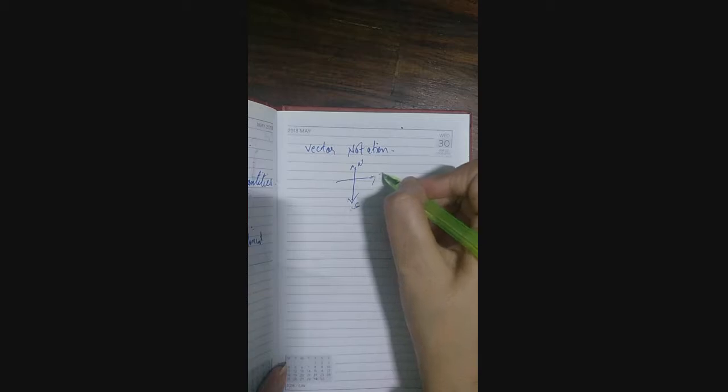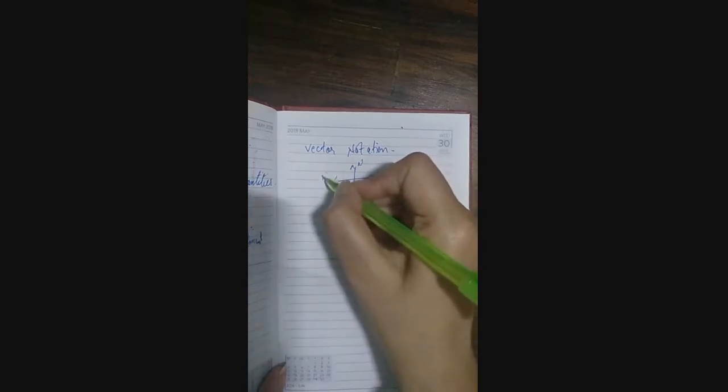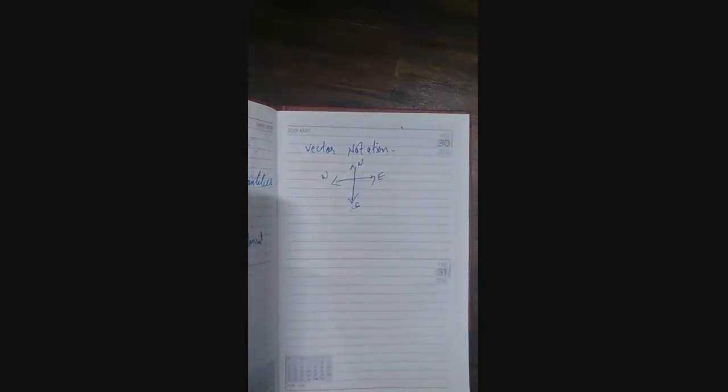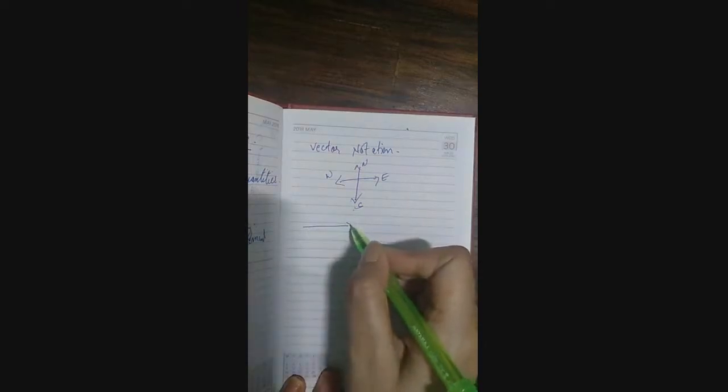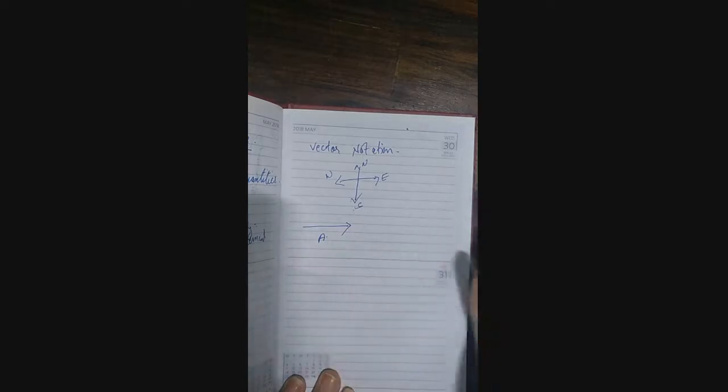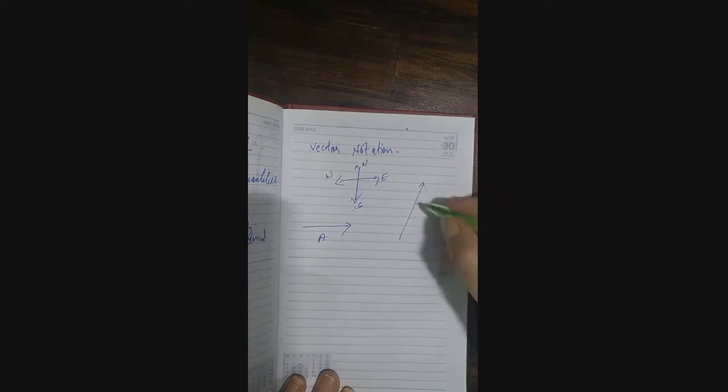Vector notation. For vectors we require direction. There are 4 directions: north, east, west and south. In a vector we need direction as well. Suppose there is a car moving with some velocity in this direction, and there is another car moving in the upper direction.